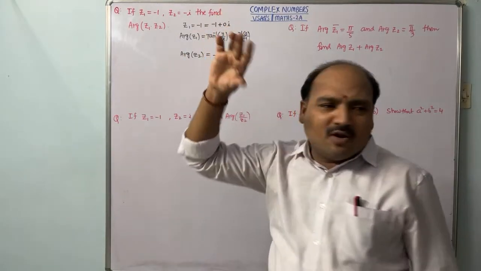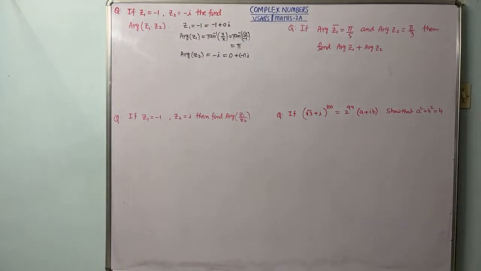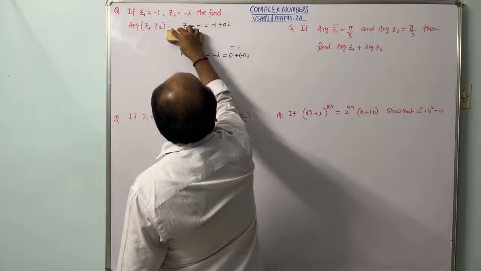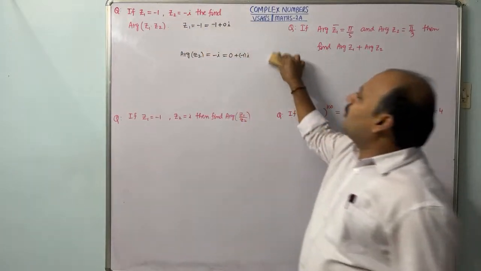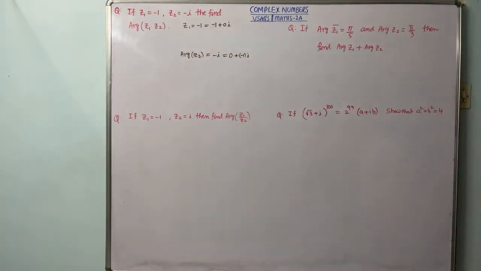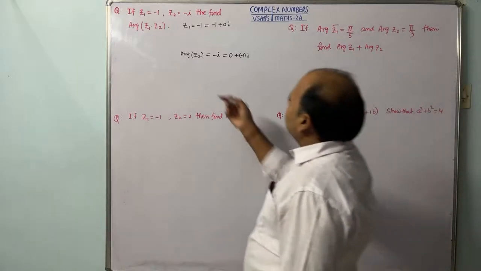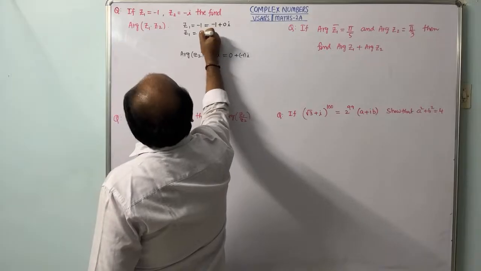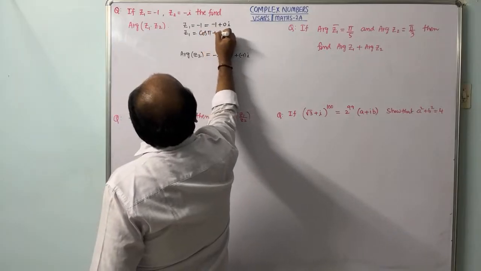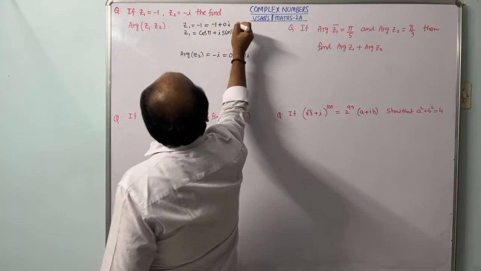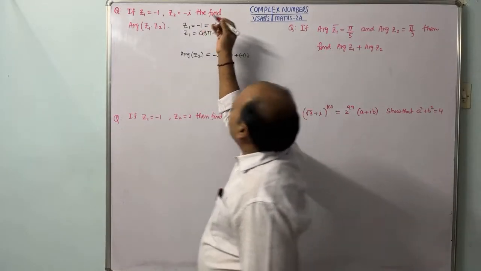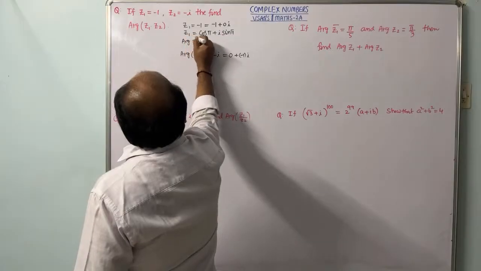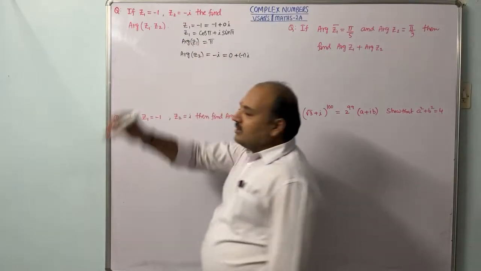Better to write in the polar form, because someone may get the idea of tan inverse 0, and no options will be there for that. So z1 is equal to cos pi plus i sin pi. Sin pi value is 0, cos pi value is minus 1. So the argument of z1 is equal to pi.